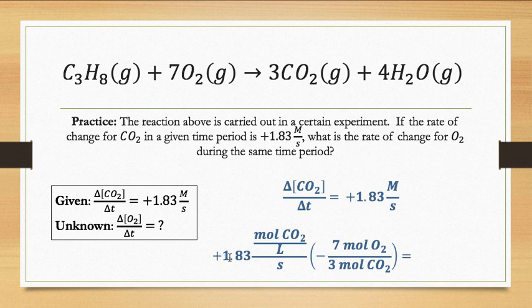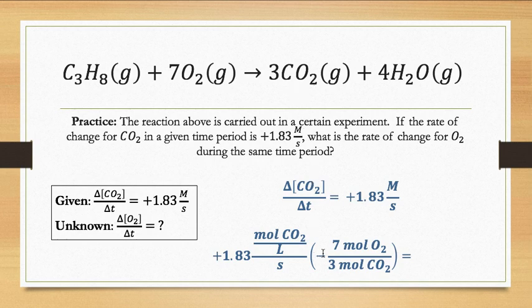So we've got 1.83. We rearrange this and change molarity into moles of CO2 per liter. That way we can use the stoichiometry: 7 moles of O2 react for every 3 moles of CO2 that get produced.